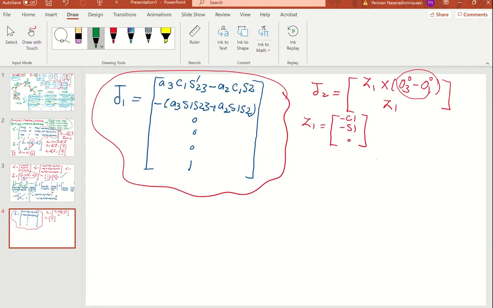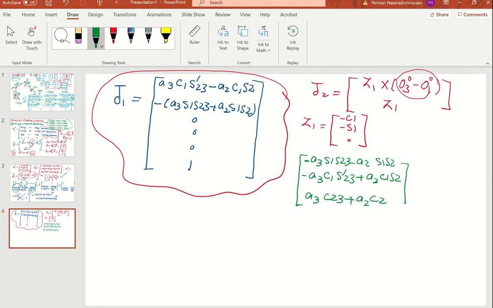O3 with respect to 0 is this: minus a3 sine 1 sine 23 minus a2 sine 1 sine 2, minus a3 cosine 1 sine 23 plus a2 cosine 1 sine 2, a3 cosine 23 plus a2 cosine 2.